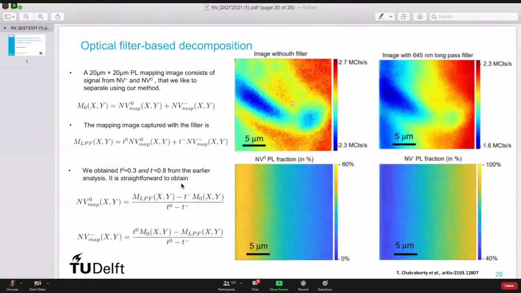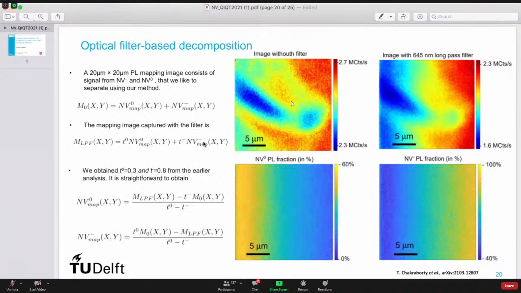And when we have the values of T0 and T minus, we can use that in this analysis to perform the filter-based deconvolution. So here we have an image which was captured without the filter. Then we write it in terms of NV0 and NV minus mapping. Then we include the filter. And now since the filter modulates the signal from NV0 and NV minus in a different way, we write it as I_LPF, where T0 times NV0 mapping and T minus times NV minus mapping.